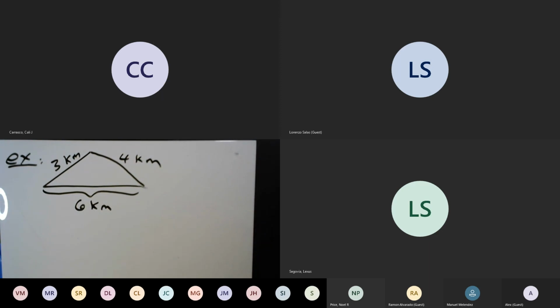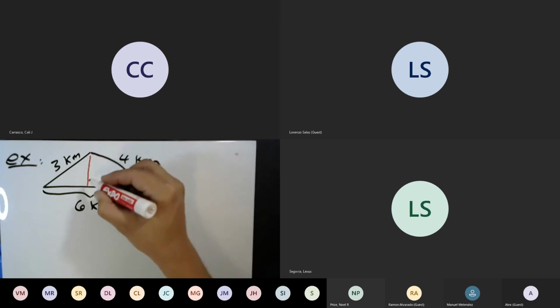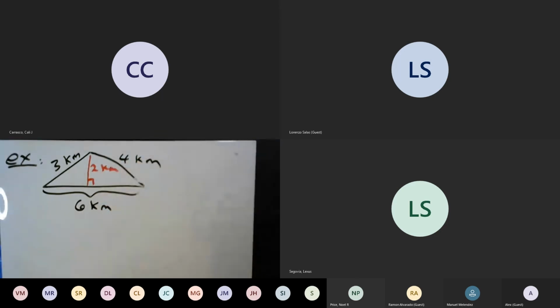And then we need the height. The height of this triangle, 2 kilometers. So to compute the area is 1/2 the base times the height.